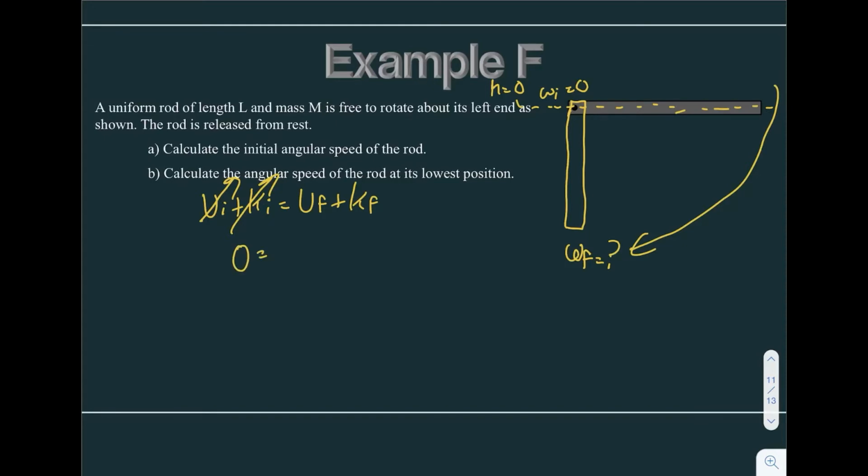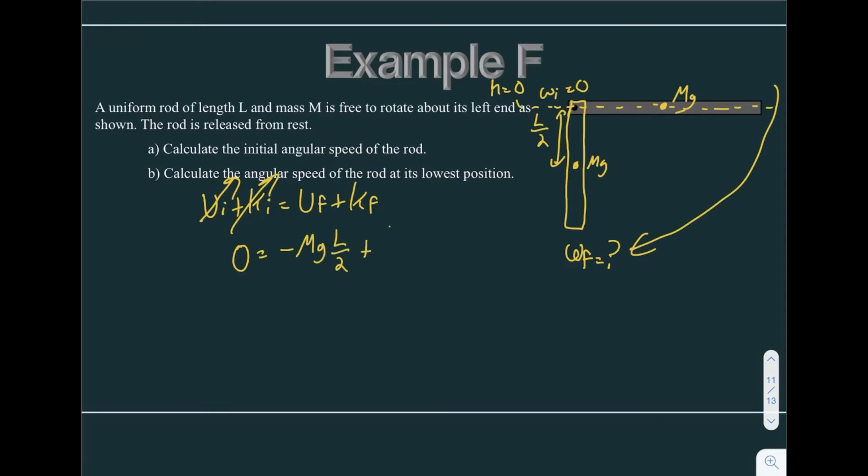So let's look at Uf here. Well, the actual thing falling that we're looking at is the center of mass. So the center of mass starts off here, and then it's up here. So it's below the 0 line by a value of L over 2. So our final potential energy is negative mg L over 2.